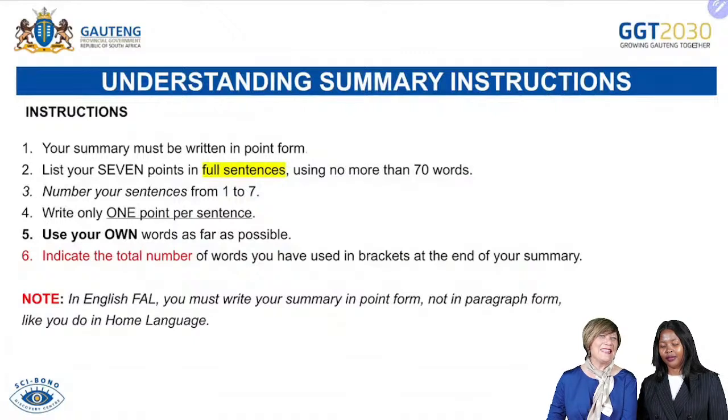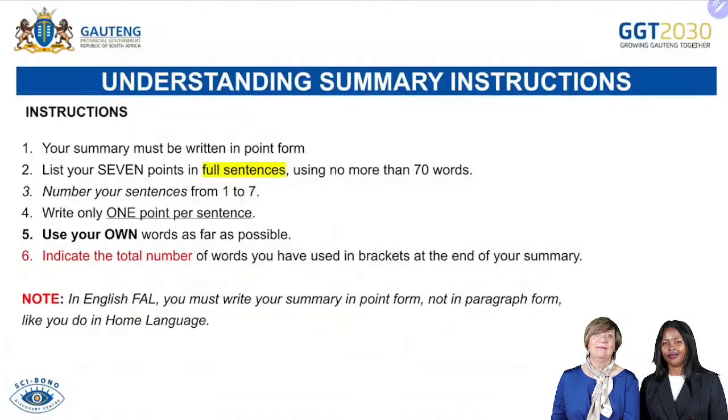You have to list 7 sentences. So we're looking for 7 facts in full sentences. And a full sentence means it must have a verb. And you're limited to no more than 70 words. Can you do less than 70 words? Yes, you're welcome. Be careful: if you use too few, you might disadvantage yourself.